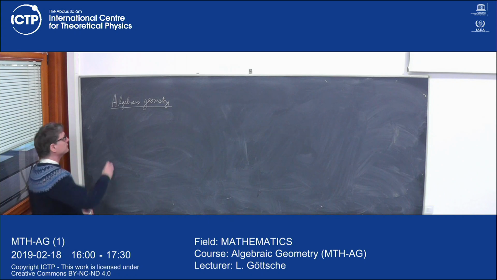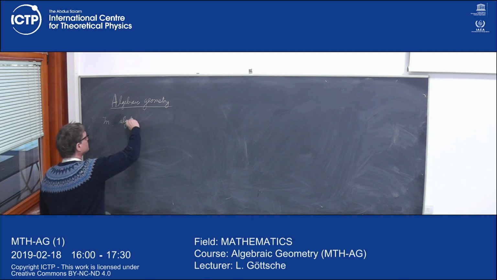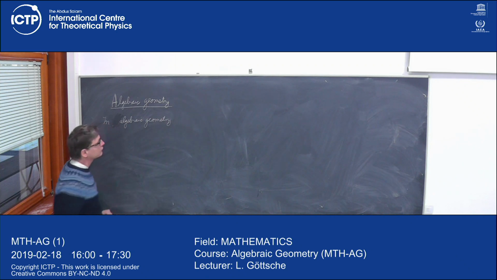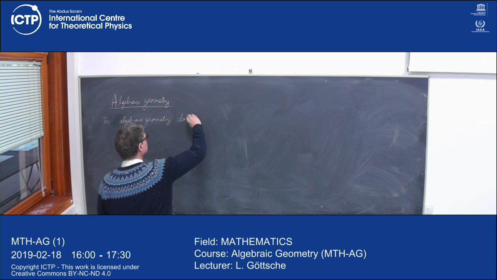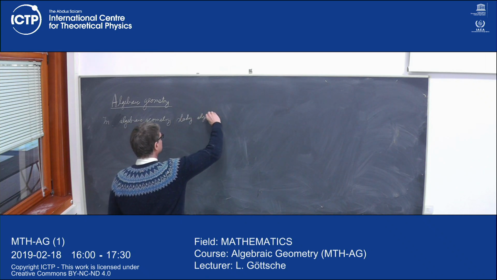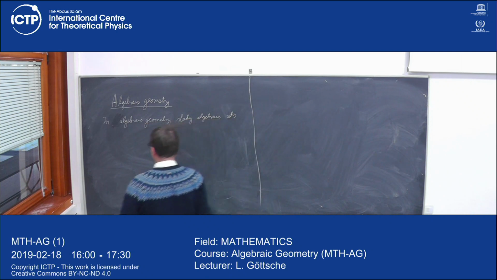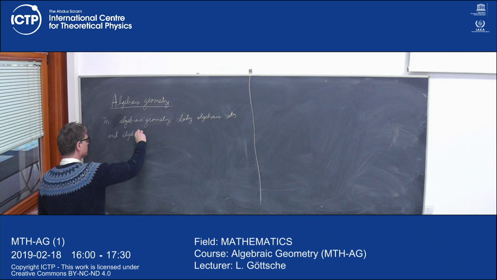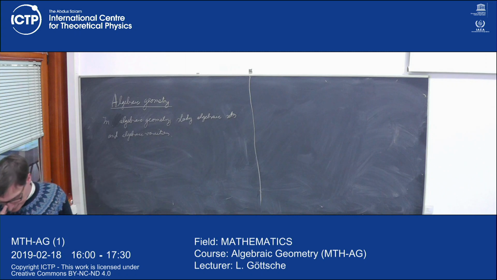So in algebraic geometry, we will study what one would call algebraic sets and algebraic varieties, which are just zero sets of systems of polynomial equations.